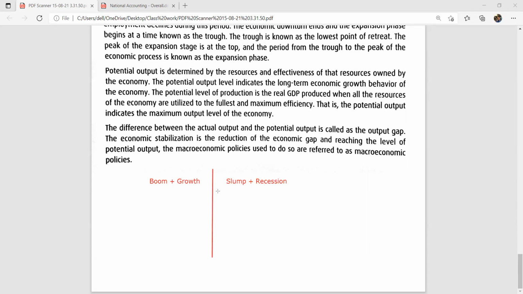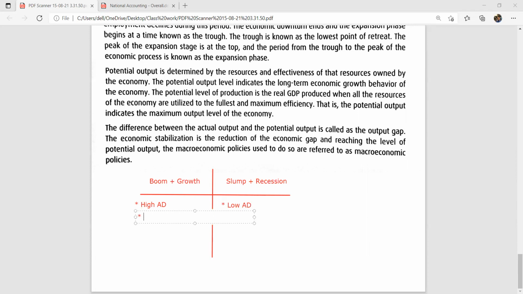This is compulsory to memorize. So boom, we can say high aggregate demand. Then on the other side, low aggregate demand, AD abbreviation.